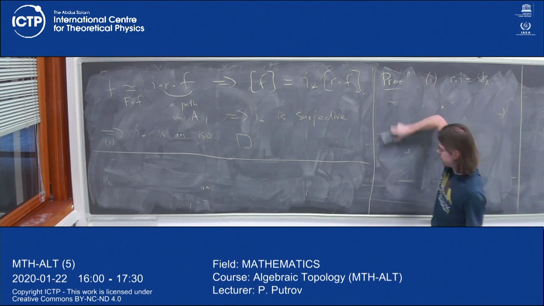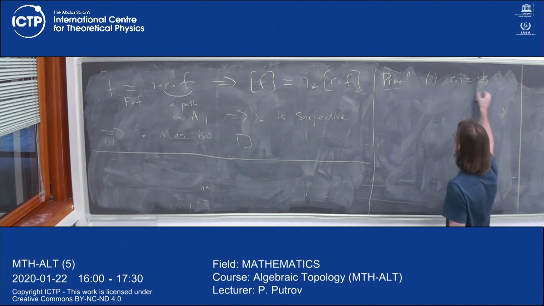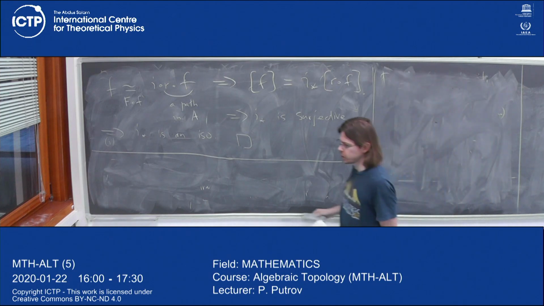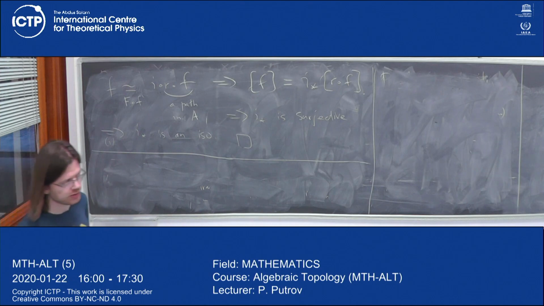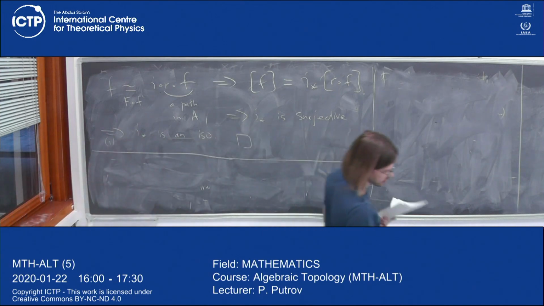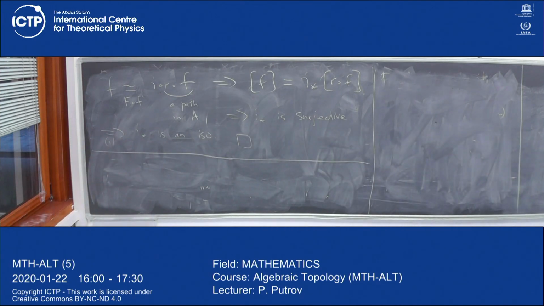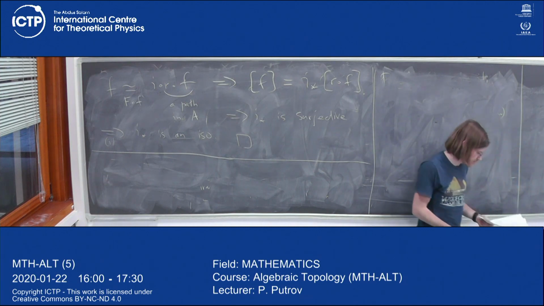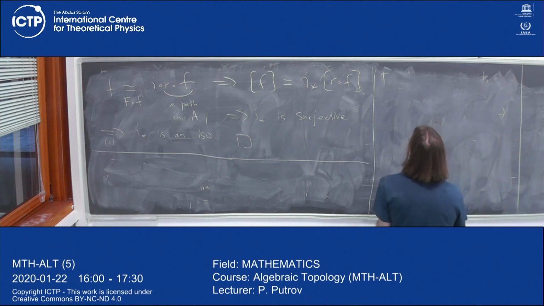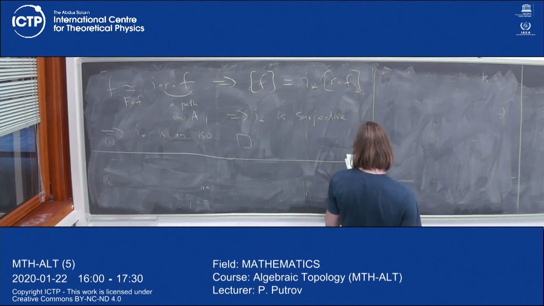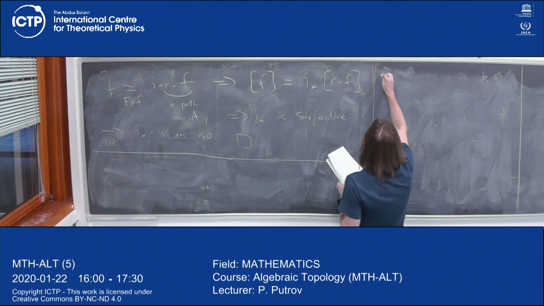In particular, for example, we had this in the very beginning. We have this example of deformation retractions of, for example, an annulus to a circle. So this immediately implies that the fundamental group of an annulus is the same as the fundamental group of a circle, which is Z. But there is actually a more general statement.